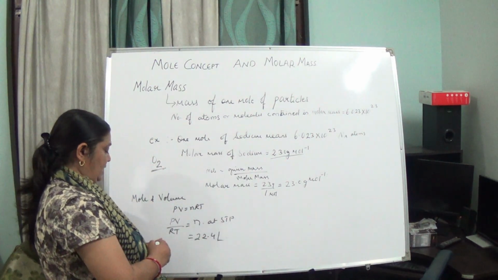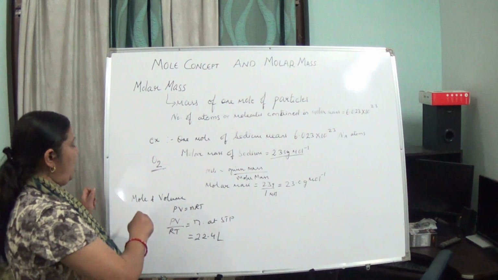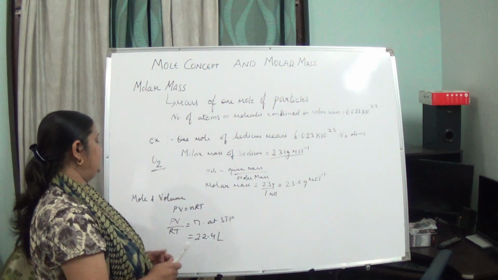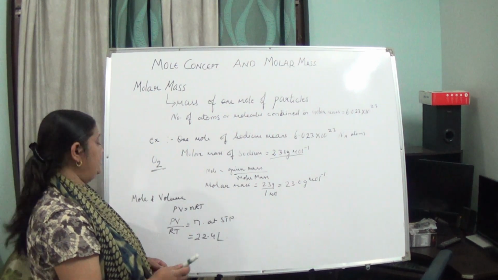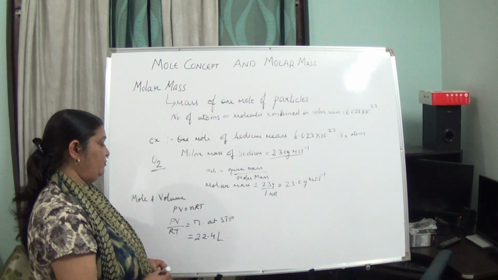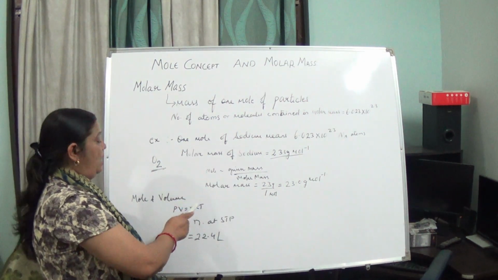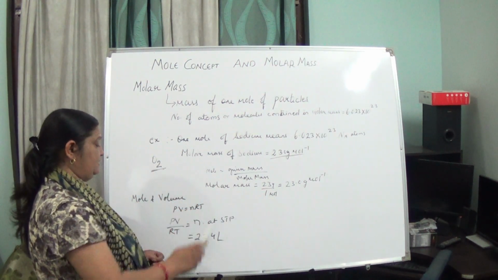Next, coming to mole. How is mole related to volume? Here I am writing PV is equal to nRT, where P is pressure, V is volume, n is mole, R is gas constant and T is temperature.